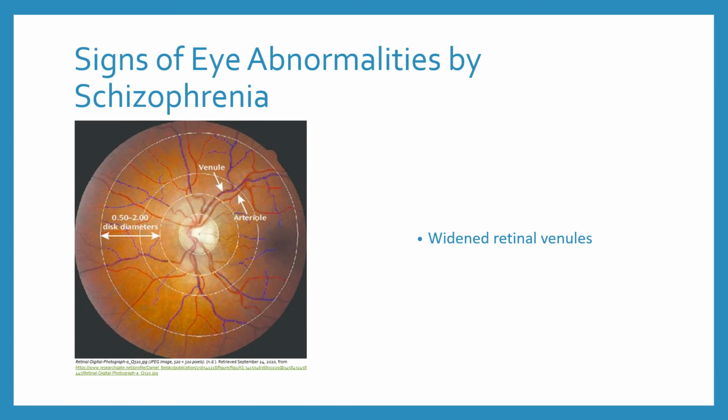They're all very reddish. And one way to distinguish between venules and arterioles is by the width. Venules are generally wider than the arterioles. But what I mean by widened retinal venules is that the discrepancy of the width between the venules and the arterioles is exaggerated in those with schizophrenia. So they will look abnormally larger and wider.